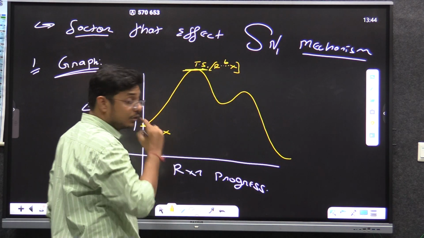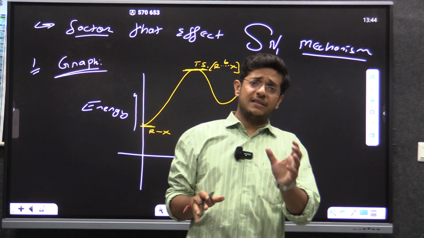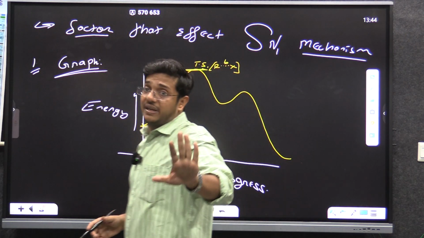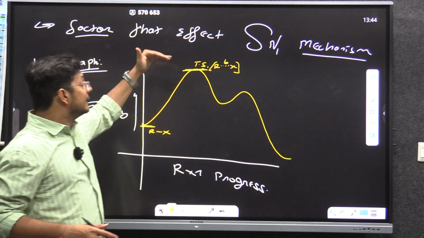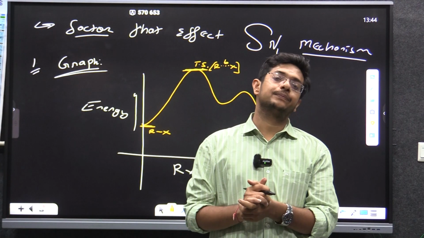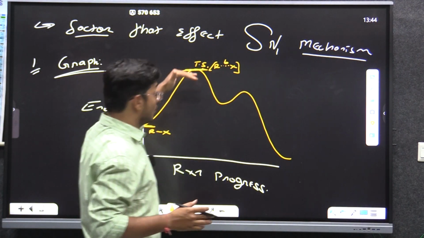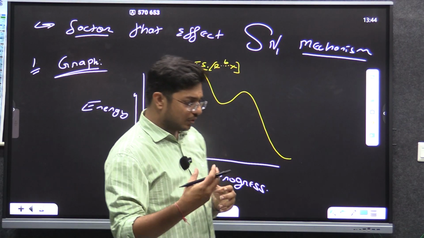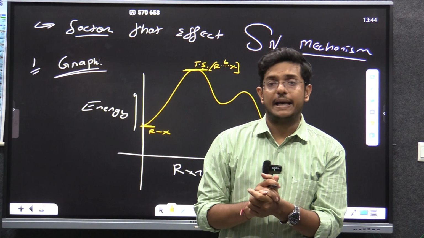I believe that you know the term transition state. A transition state in chemical kinetics is just a hypothetical state, and it is assumed that in this state old bonds are breaking and new bonds are forming. And as we know, this state cannot be isolated because of its high energy. If you want to go deeper into this topic, you need to learn chemical kinetics.